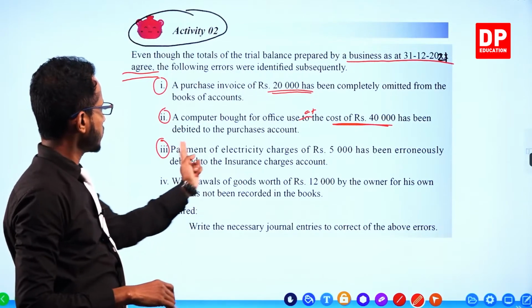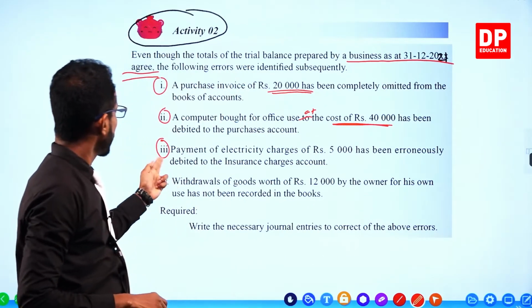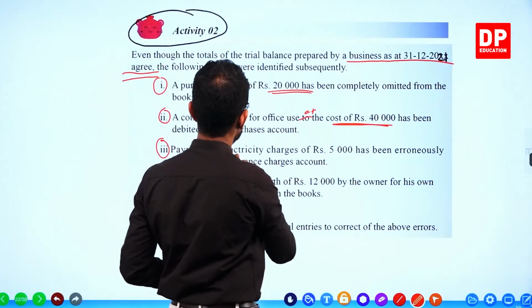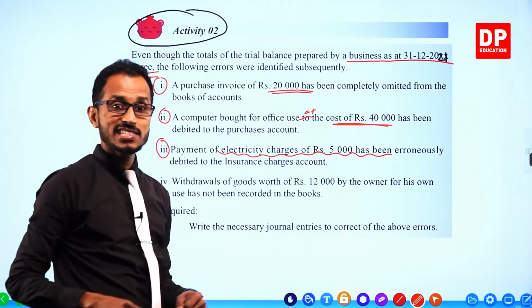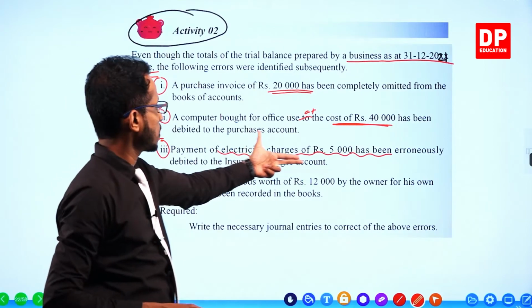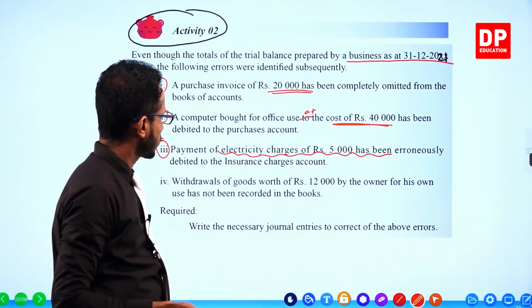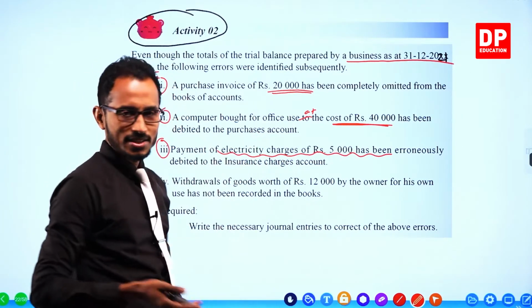Payment of electricity charges 5,000 has been erroneously debited to the insurance charges. 5,000 electricity charges paid. That means current bill, light bill paid. Electricity charge, that's what we say, right?